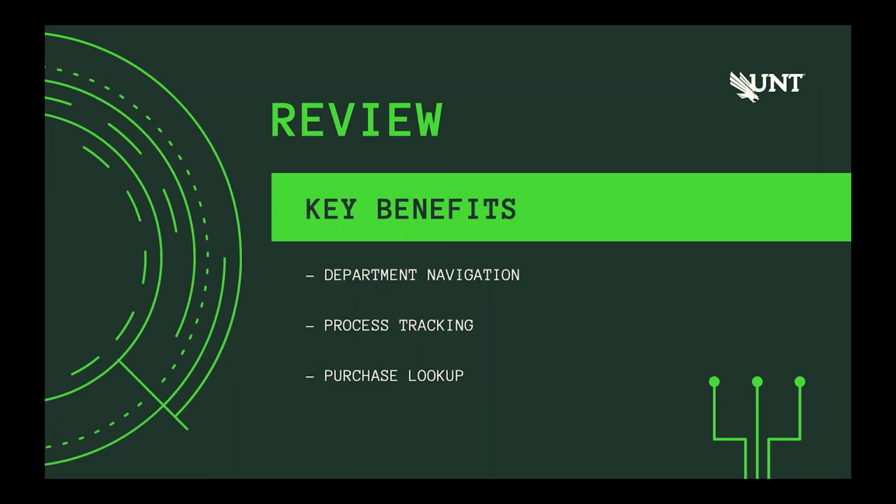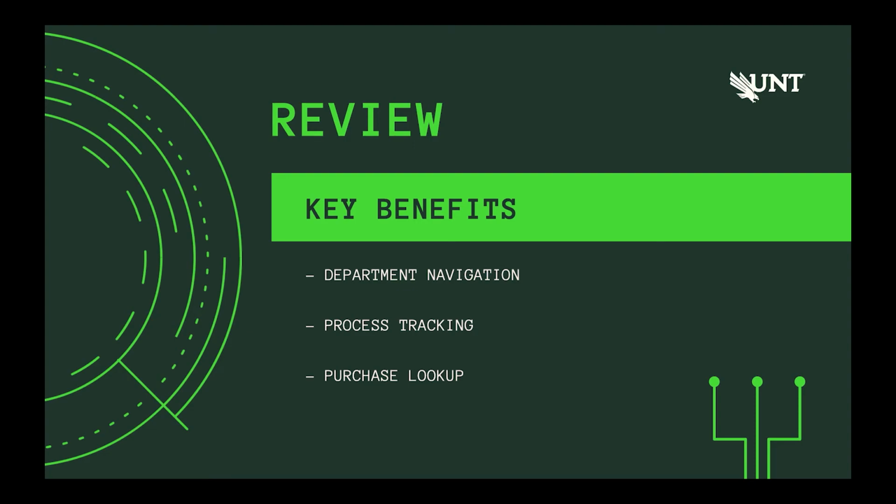So to review what we've gone over today, the key benefits of this new encumbrance management program are department navigation, as you saw with being able to navigate the department tree and see the summarized expenditures. Process tracking with the panels at the bottom, the 3 tables, pre-encumbrances, encumbrances, and the voucher table.